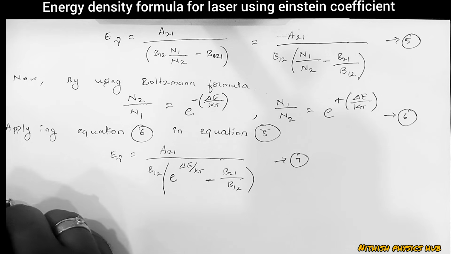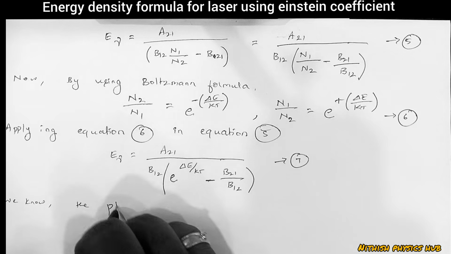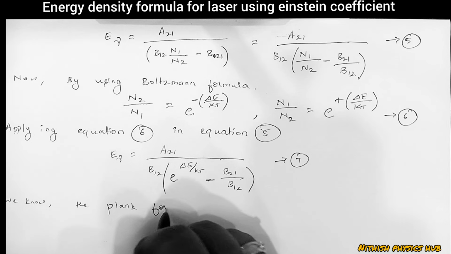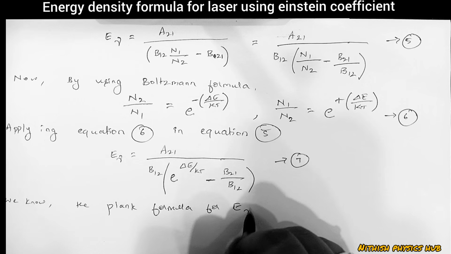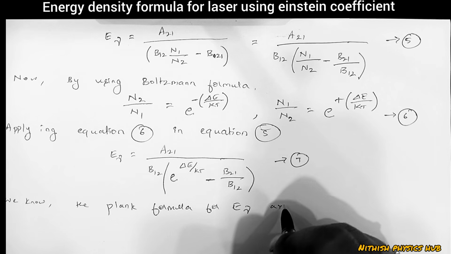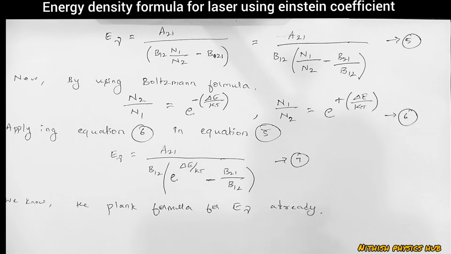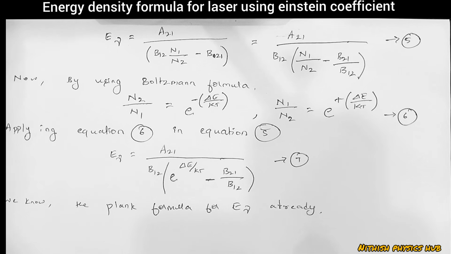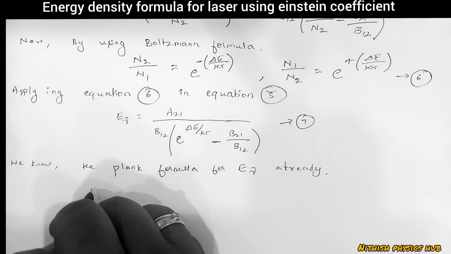Now we know Planck's formula for the energy density already. For the normal interaction of light, Planck has already given a formula. So we will be writing that formula. What is the formula?